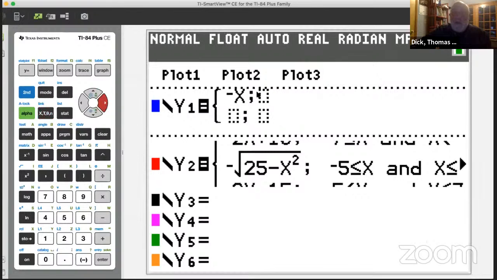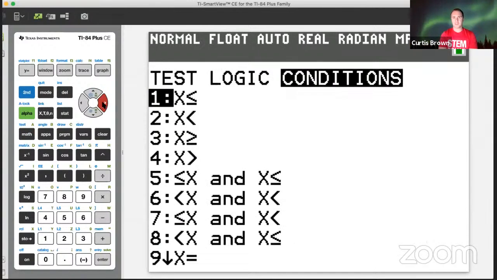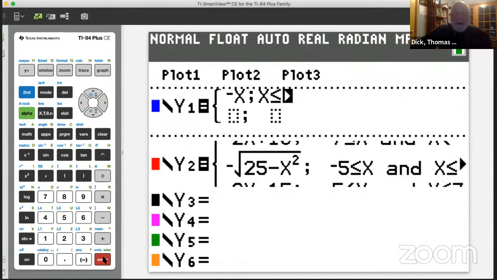And then for the domain of that part, we'll go to the test menu. And recall under those conditions there, you've got some predefined pieces. So I'll do number 1 there. That looks good. x less than or equal to 0. So we'll use negative x for x less than or equal to 0.